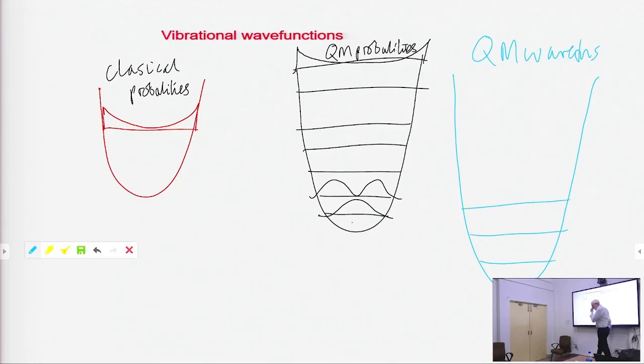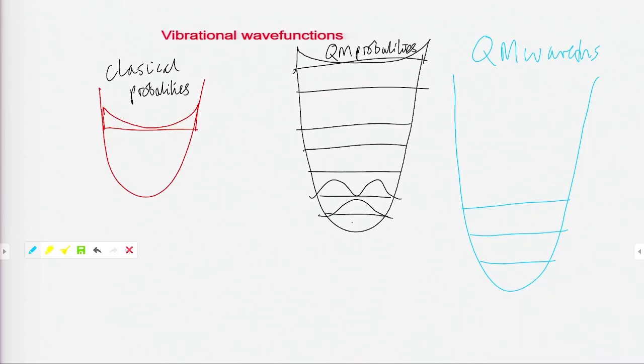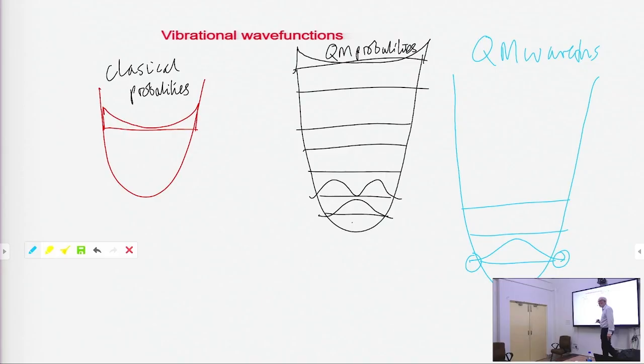As you should know, I'm doing this backwards because the probability is the square of the wave function. If you try taking the square root of the probability, you lose phase information, so it doesn't quite work. So the ground state still looks like this, but notice, importantly, compared to the classical, you get a little bit of tunneling outside the classically forbidden region.